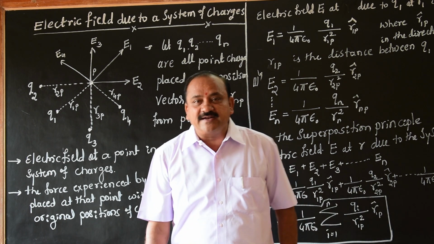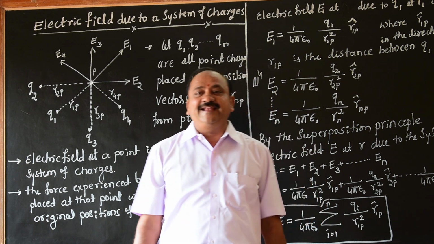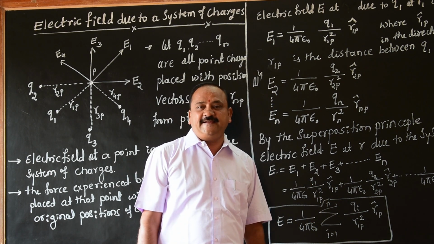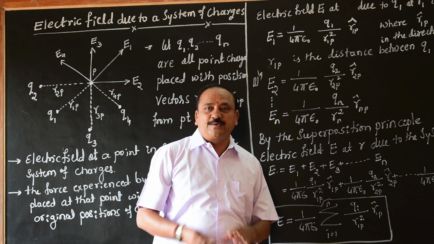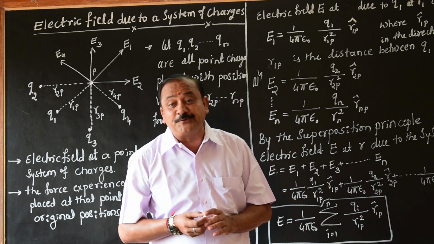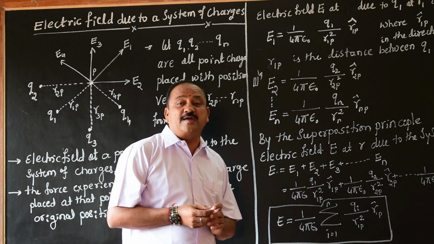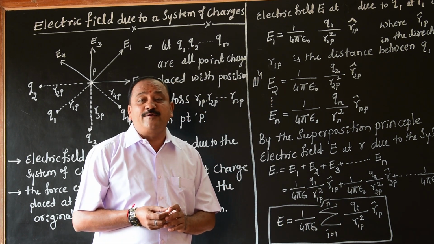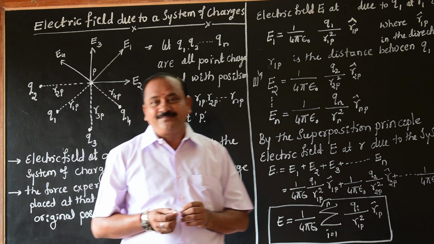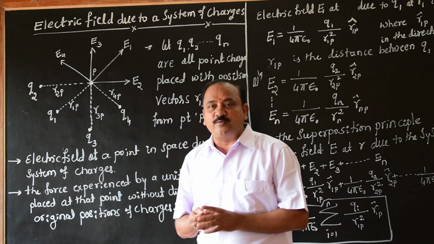The electric field at a point due to a point charge is E equal to 1 divided by 4 pi epsilon naught Q divided by R square. That derivation we have already done.